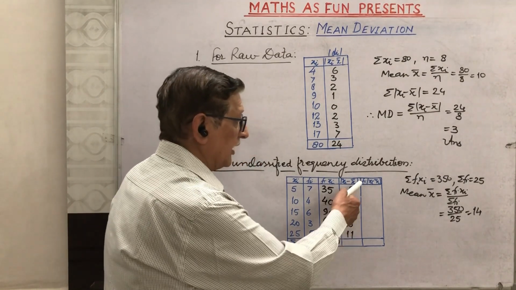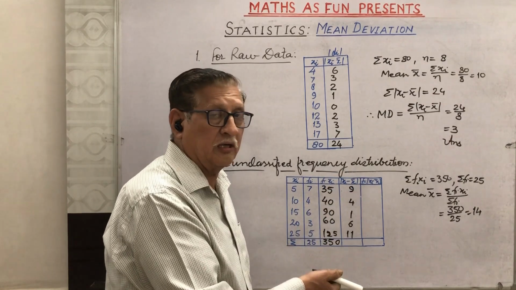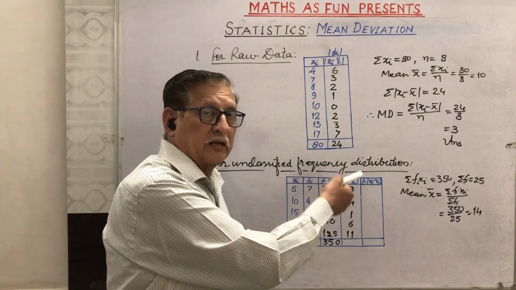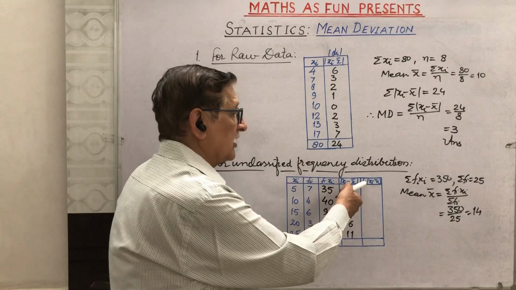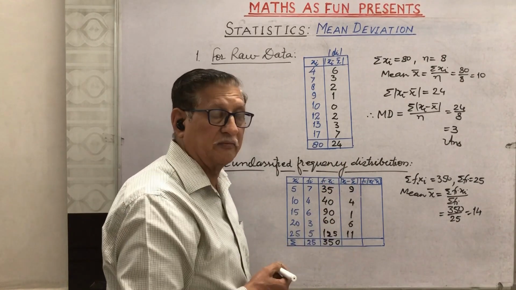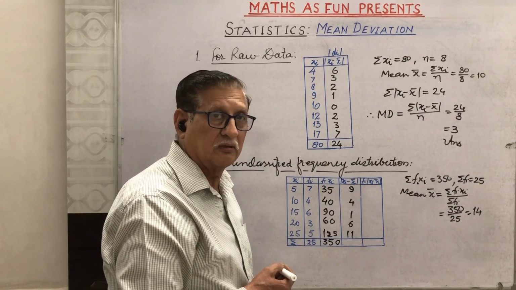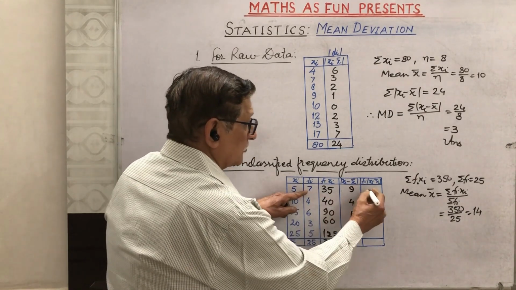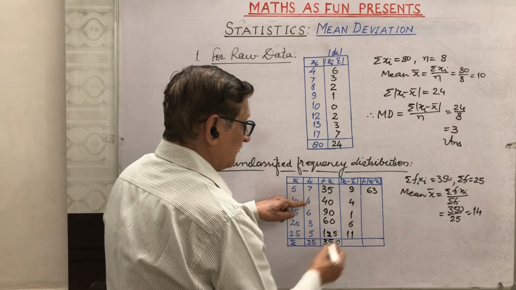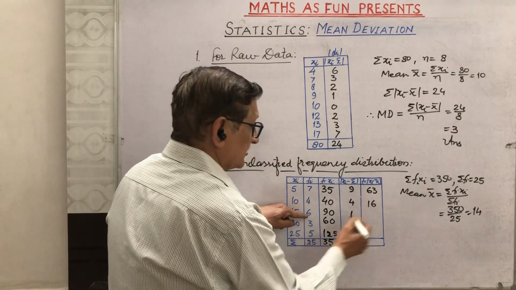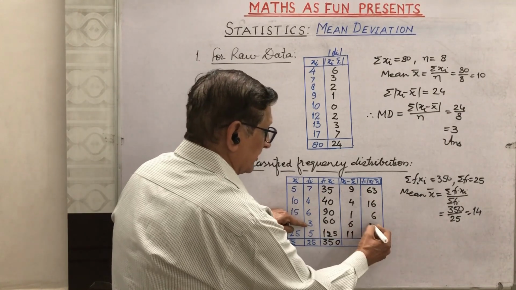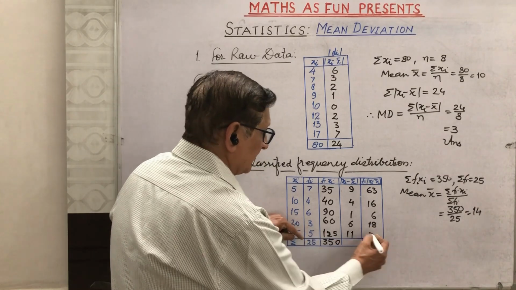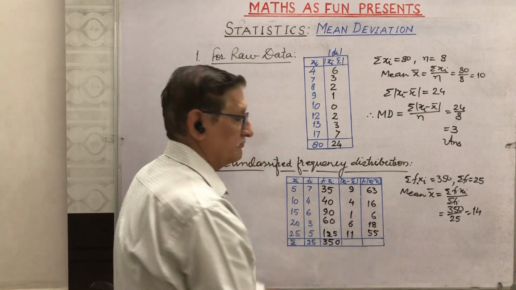Now we have to calculate fi into di, that is frequency into the deviation, or we say fi into modulus of xi minus x bar. That is here, fi we multiply: 7 into 9 is 63, 4 into 4 is 16, 6 into 1 is 6, 3 into 6 is 18 and 11 into 5 is 55.